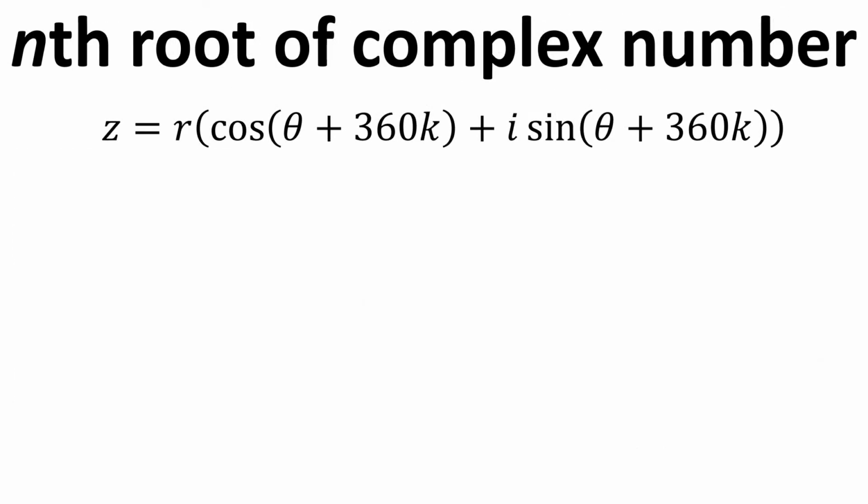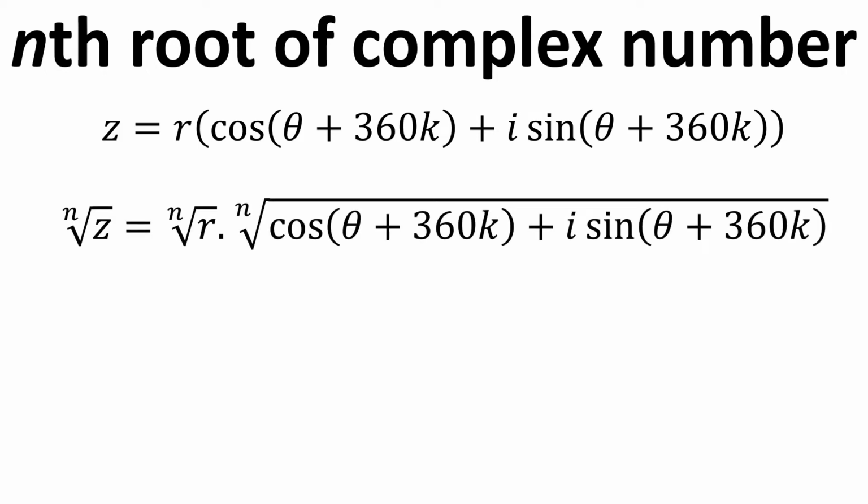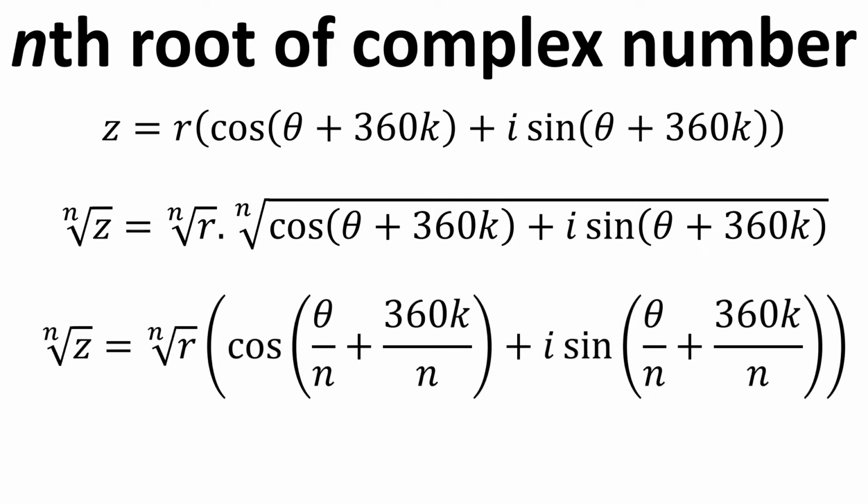Okay, so now to think about obtaining the nth root of this complex number. So we just take the nth root of both sides and then simplify, and we get the nth root of z equals the nth root of r times, all in brackets, cos theta over n plus 360k over n plus i sin theta over n plus 360k divided by n.